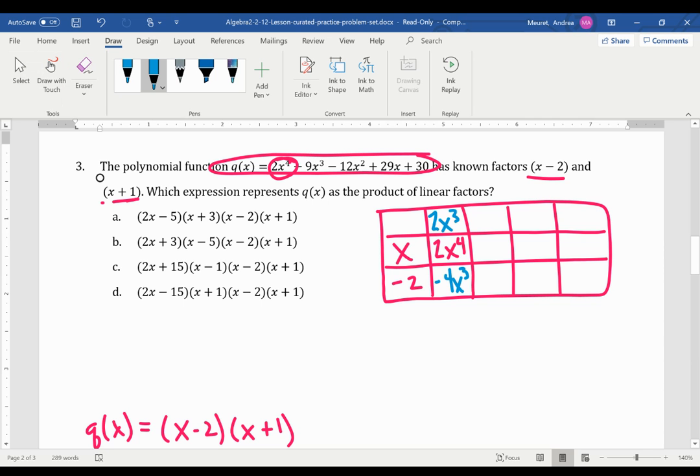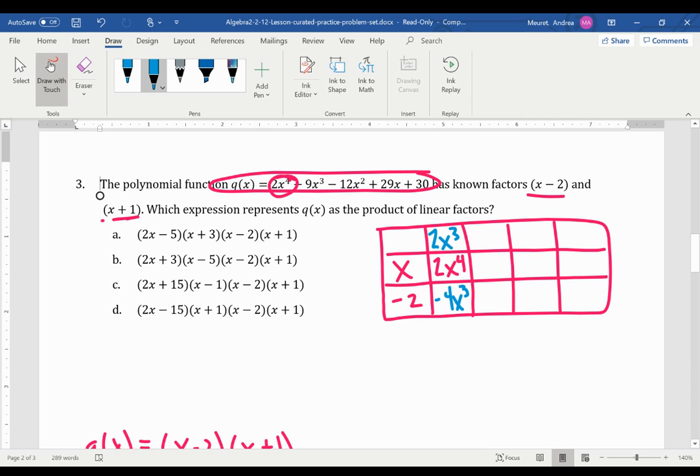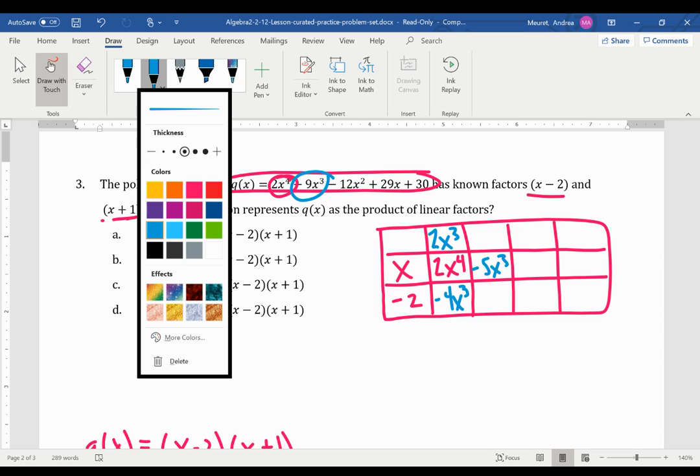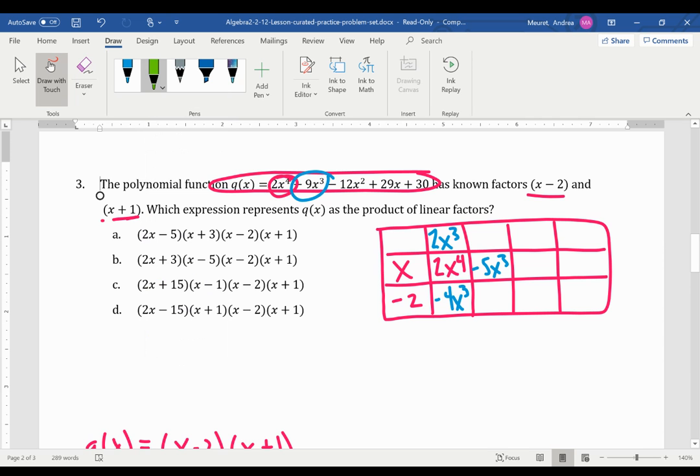Negative 9x to the 3rd is my next target. That means the negative 4x to the 3rd has to be added to negative 5x to the 3rd. So it adds up to the negative 9x to the 3rd altogether. And so above that, I'm going to put a negative 5x squared, because that times x gives us the negative 5x to the 3rd.